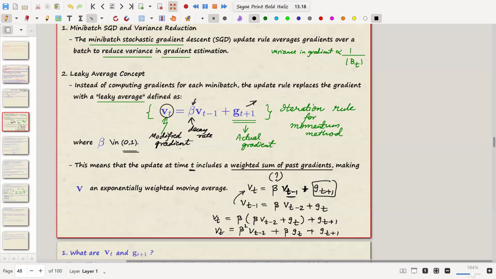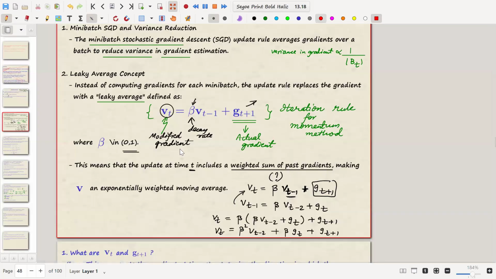So you are giving higher importance to Gt and less importance to Vt minus 2. Can you understand the logic that Vt minus 2 contributes less to Vt than Gt? Because Vt minus 2 is multiplied by beta square, which is less than beta.